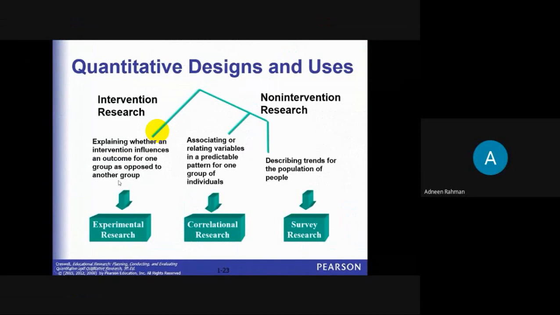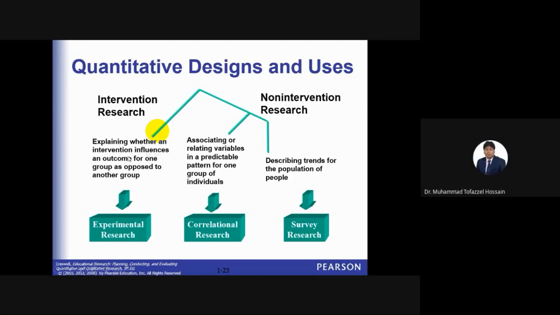Non-intervention is associating or relating variables in a predictable pattern for one group of individuals. The other part is describing trends for the population of people.